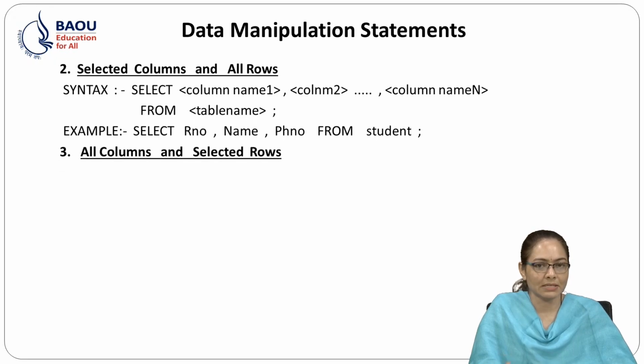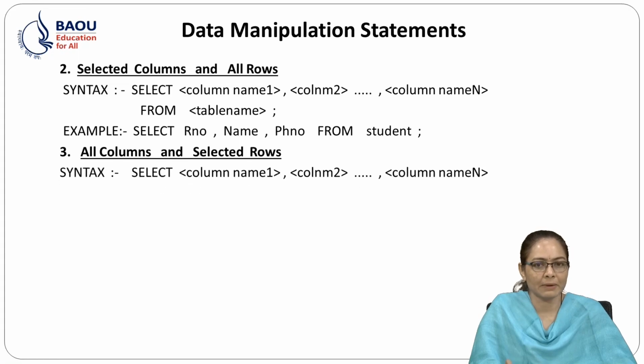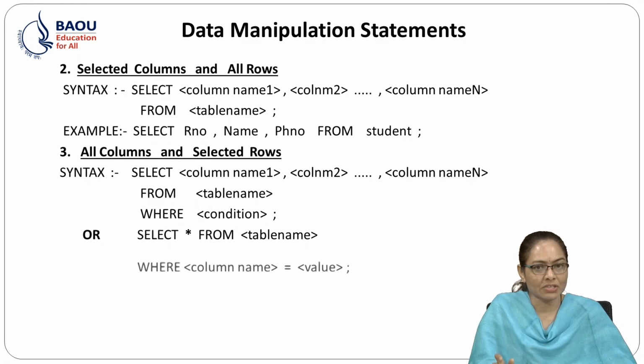Now the next one is when we want to display all the columns and selected rows. So the syntax is select column name 1, column name 2 up to column n from table name, where condition.